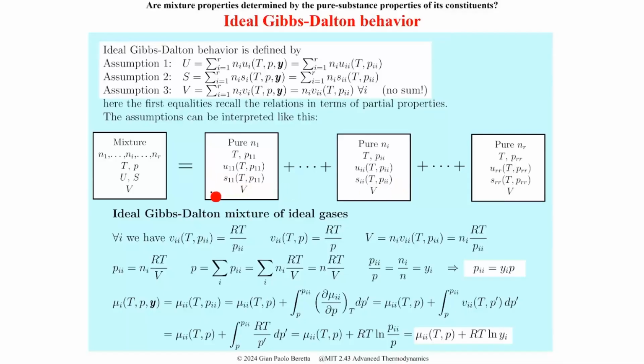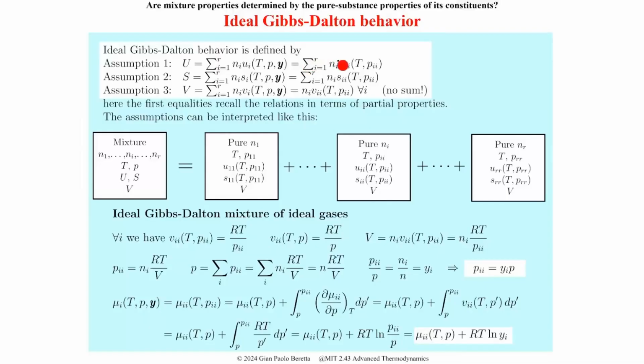And now if I use the fact that energy and entropy are additive properties, the energy of this one is N1 times U11. And so I sum up Ni times UII, and that gives me the property of the mixture, so the sum of Ni times UII.